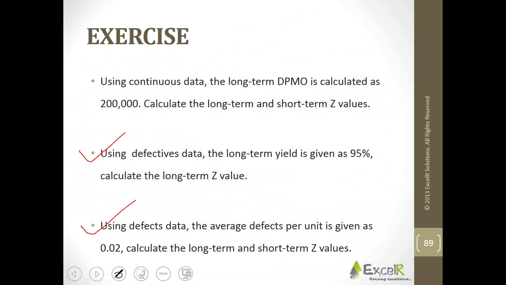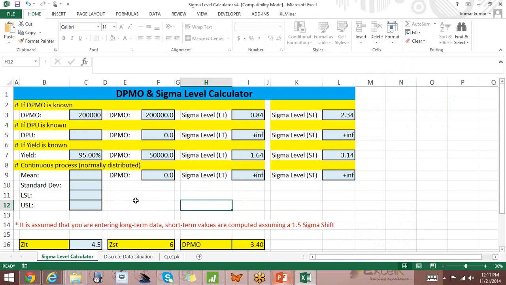Third thing is using defects data, the average defects per unit is given as 0.02. Only DPU, defects per unit, is given.